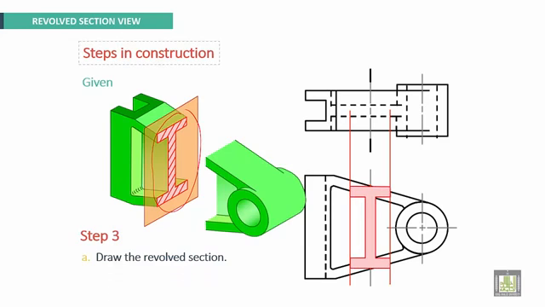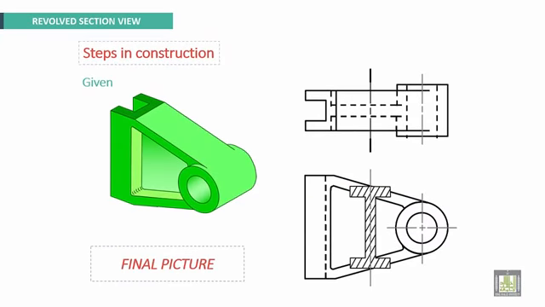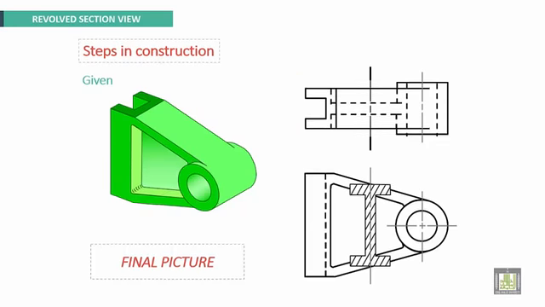It will be revolved here. Finally, we have to add section lines. This is the final picture with revolved sectional view.